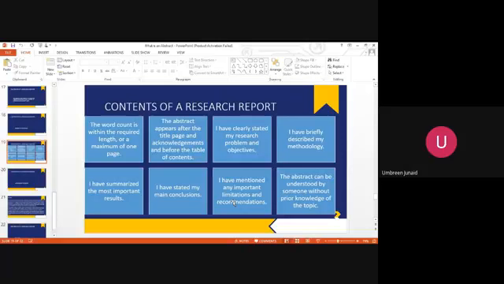The second point is that the abstract appears after the title page and acknowledgements and before the table of contents. So they say that the abstract comes before the table of contents.